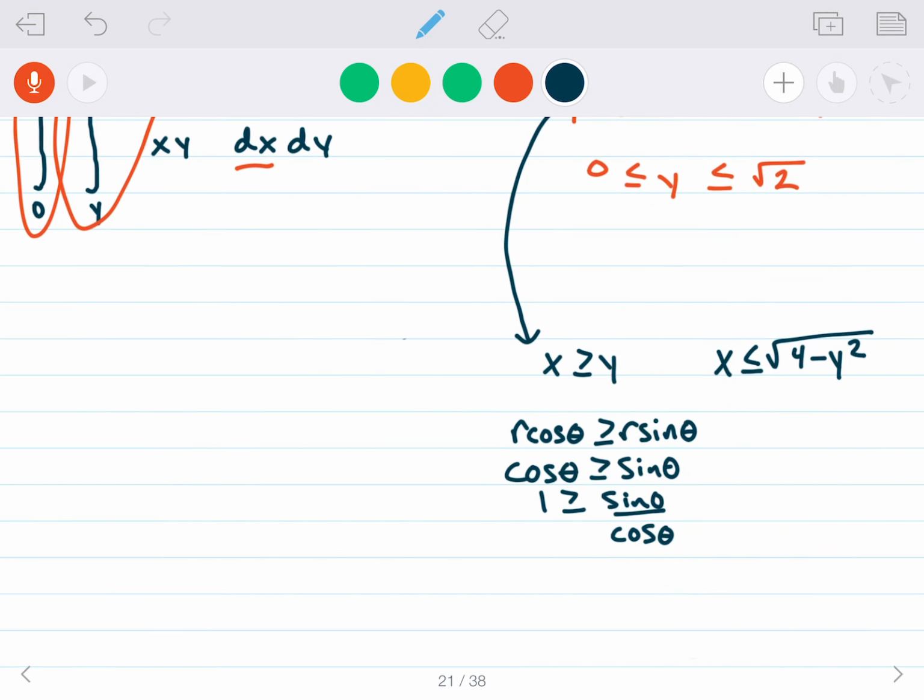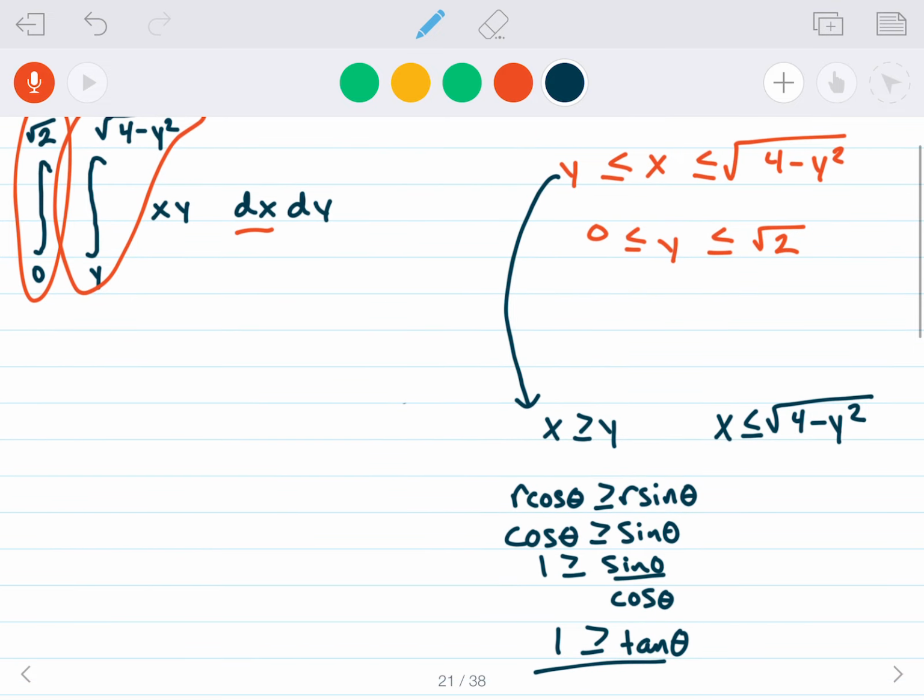So that's going to be tan theta. So I have tan theta less than or equal to 1, which doesn't give me a whole lot of information, right? There's not really a good bound that we can put on that for theta, but let's go ahead and look at this expression right here.